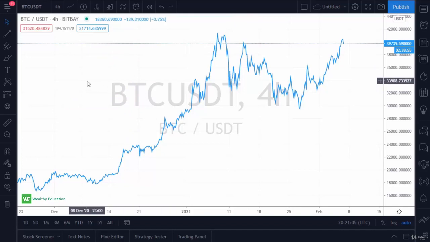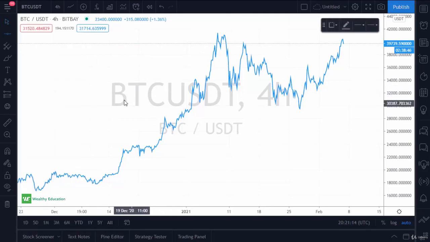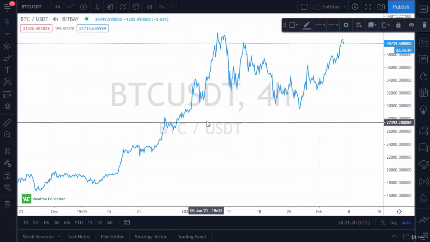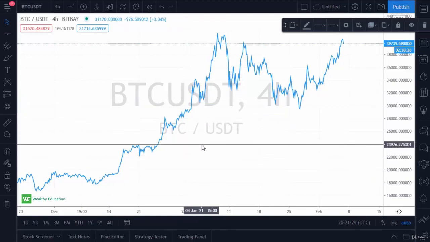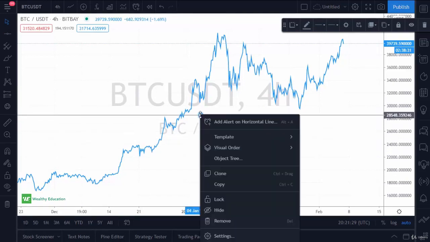The platform has a whole host of tools on these submenus here, but on this one, Trendline Tools, you'll see horizontal line. You click on that, and you just place it on the chart wherever you want. You can see there's a little bubble there in the middle, and you can click and drag that, and you can adjust it to where you want it to be. And just plop it on the chart like that. You can right click, go down to settings.